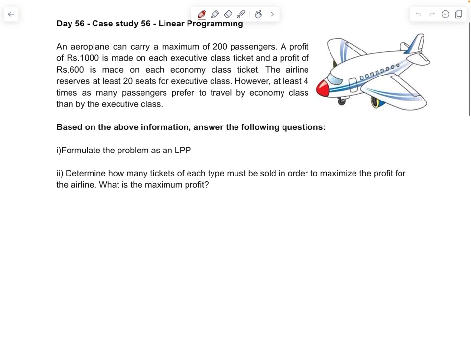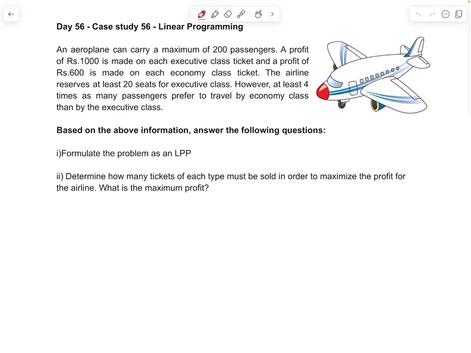Now, getting back to the question statement, an aeroplane can carry a maximum of 200 passengers. So first let's assume X as the number of executive class passengers and Y is the number of economy class passengers.